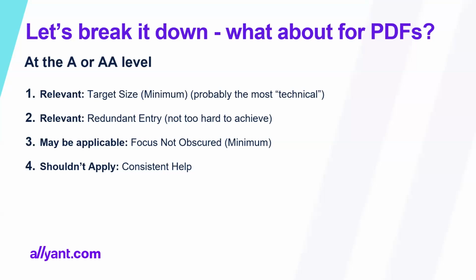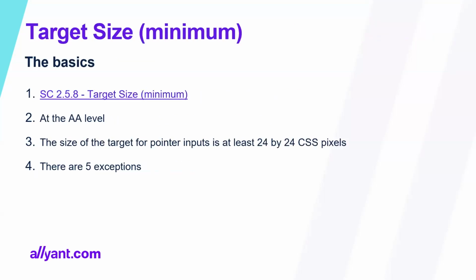Another one that might be applicable is the focus not obscured. All right, so we'll spend a little bit of time talking about focus not obscured. And then one that really shouldn't apply is the one for consistent help. Right now, I'll touch on it just in case, but it's probably not really going to apply to the bulk of our PDF documents. So let's get right into things with target size.